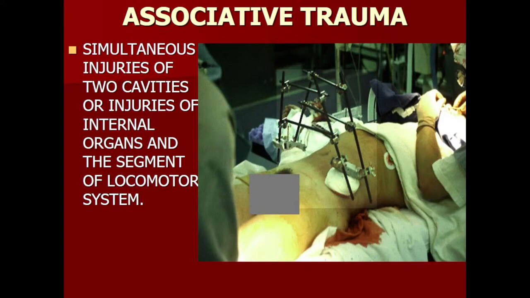For example, look, it's a patient after an automobile accident. He has two damages. First, closed trauma of abdominal organs with rupture of the digestive tract, and a fracture of the pelvis, the locomotor system. In the first moments we have stabilization of the pelvic fracture with an extrafocal device. And now the patient has a second stage of operative treatment on the abdominal cavity.